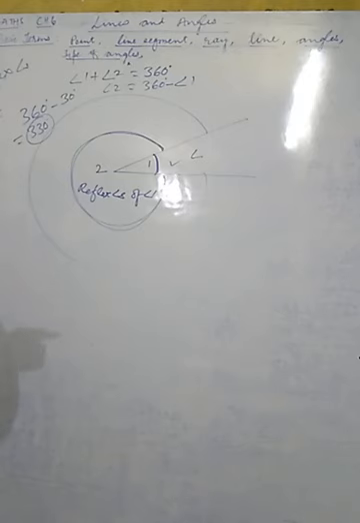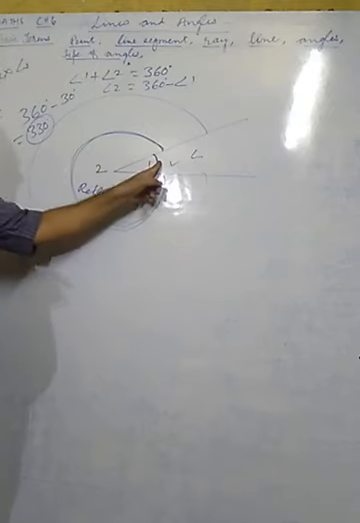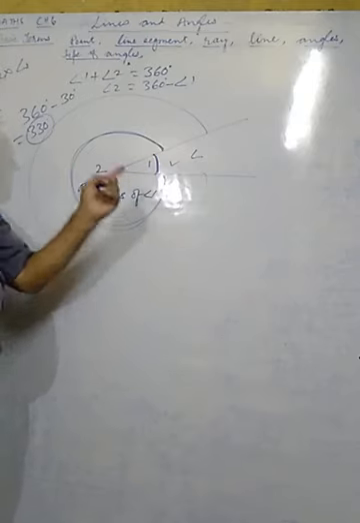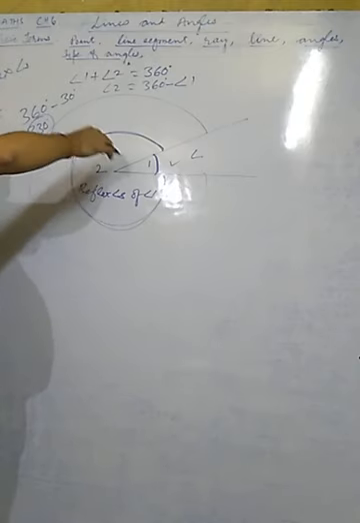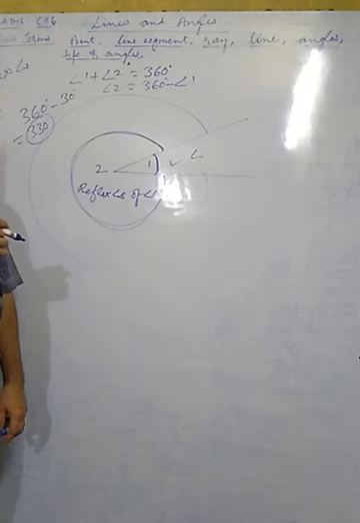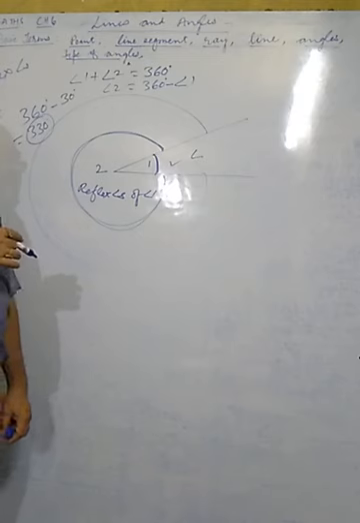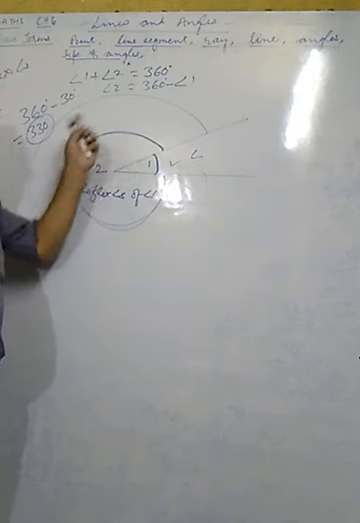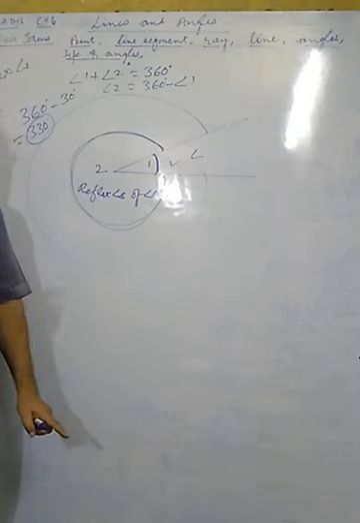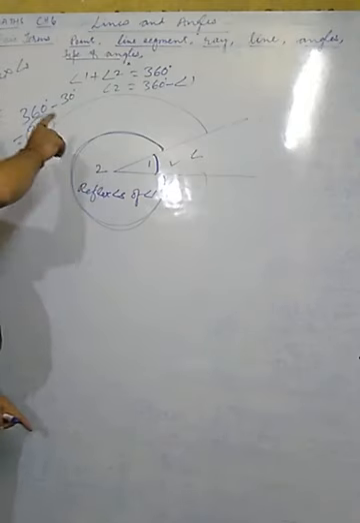In a nutshell, keep in mind that the sum of an angle and its reflex angle is 360 degrees. But this is not called a complete angle. A complete angle is a single angle. Here we are talking about two angles, a pair of angles, so this is not an example of a complete angle.